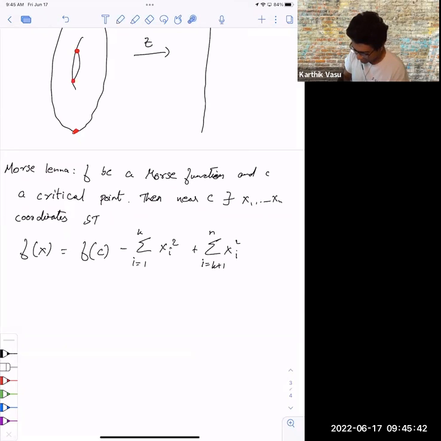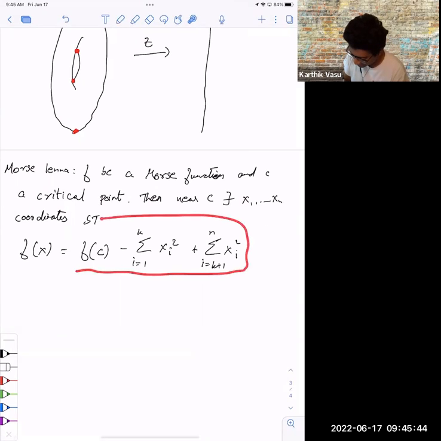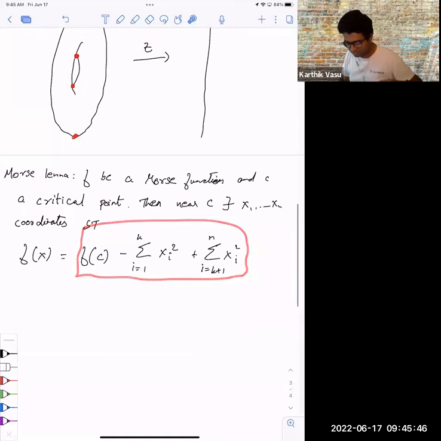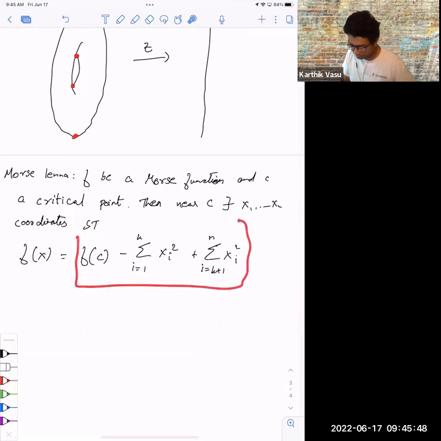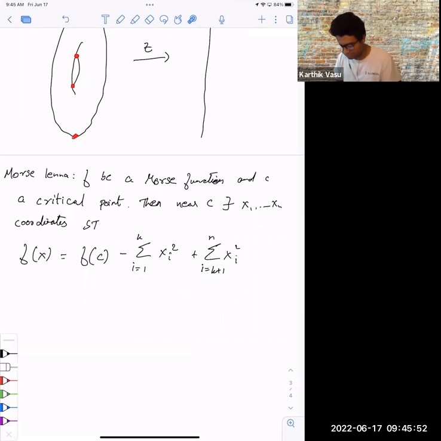Forgetting everything, if you just look at this function, locally you will see 0 is the only critical point. If you think of this on Rn, 0 is the only critical point for this function because the derivative will be just 2xi, and if you take the second derivative, it will just be a diagonal matrix.